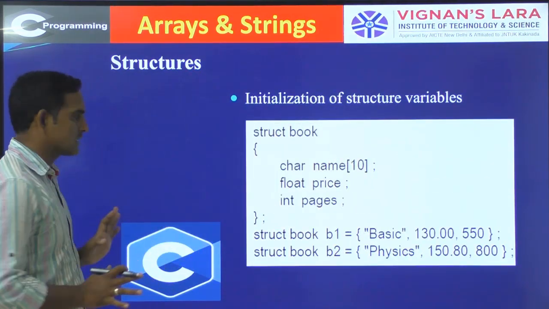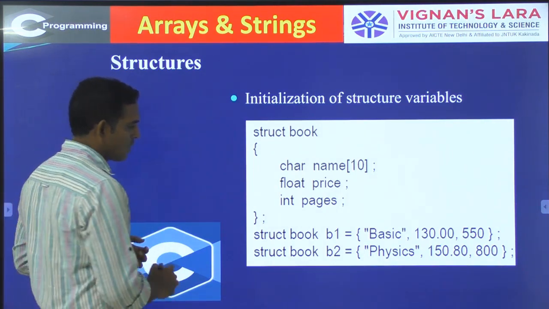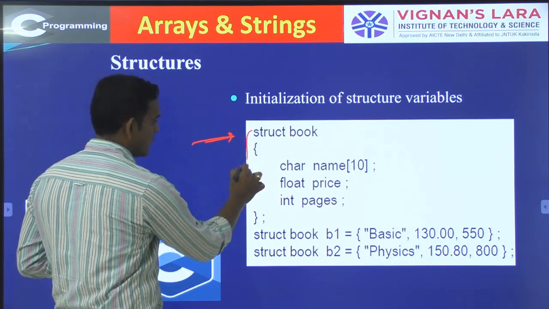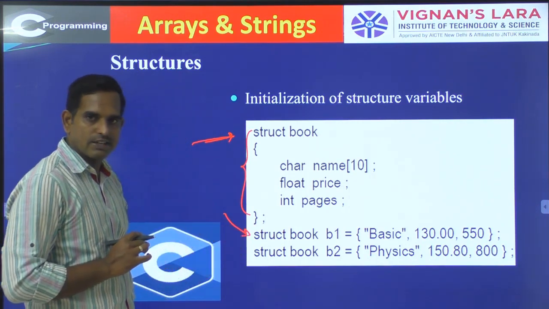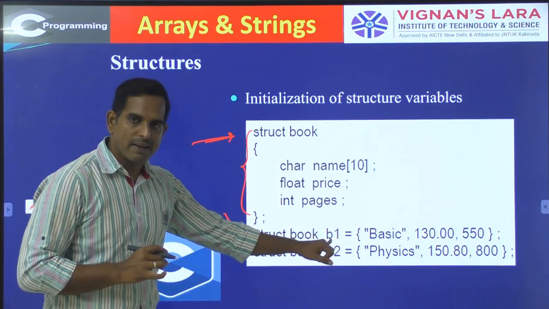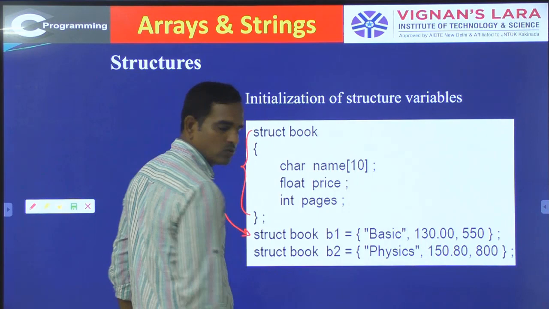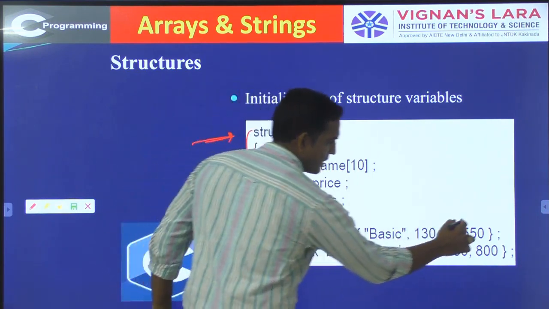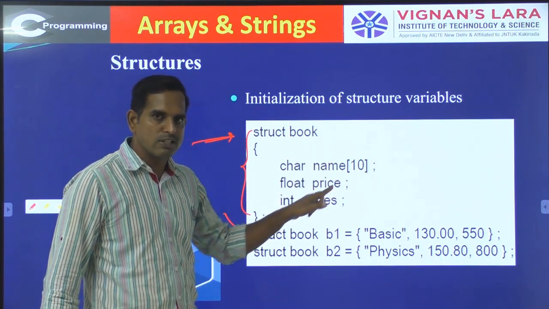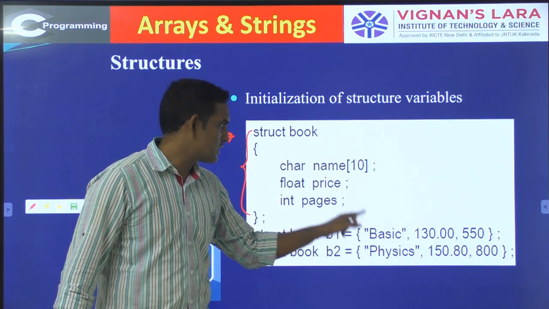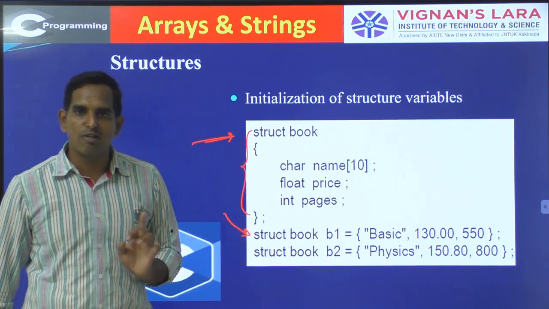Once after creating the structure variable, while creating the structure variable itself, you can initialize them. How to initialize? Initially you are declaring a structure. Once after declaring the structure, you are creating structure variables, that is struct book b1. If you want to initialize, you can initialize in this manner, equals to, then placing inside your flower brace, I have to give the values for the three elements of the book, that is basic as the name, 130 will be your price, 550 will be the number of pages.